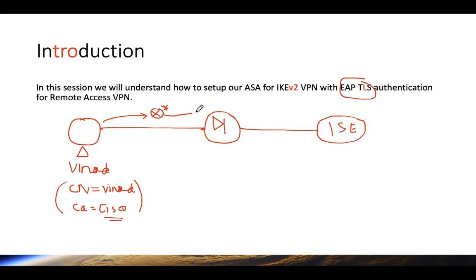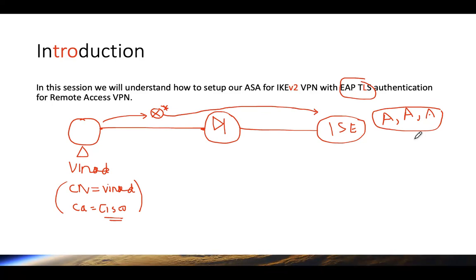Cisco ASA tunnels that certificate back to Cisco ISE, and Cisco ISE, which is the Radius server, performs authentication, authorization, and accounting. So all the three AAAs are performed on Cisco ISE, not on Cisco ASA.